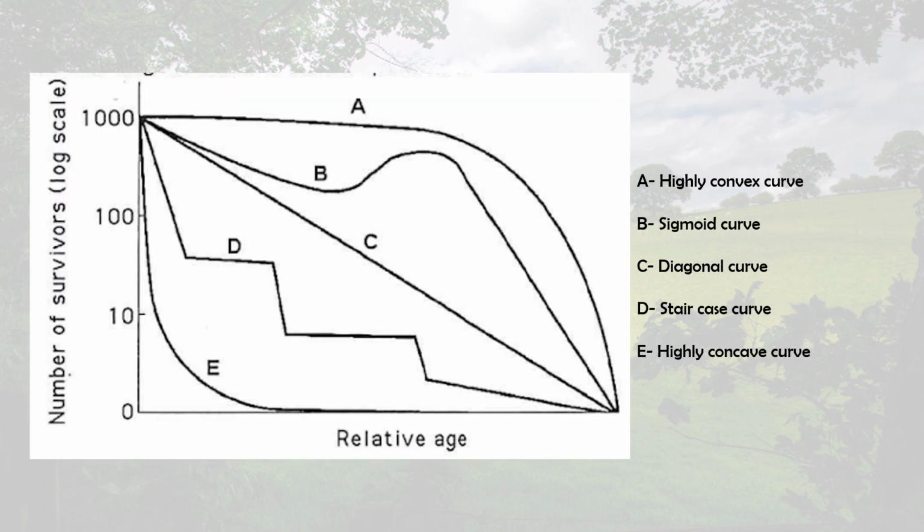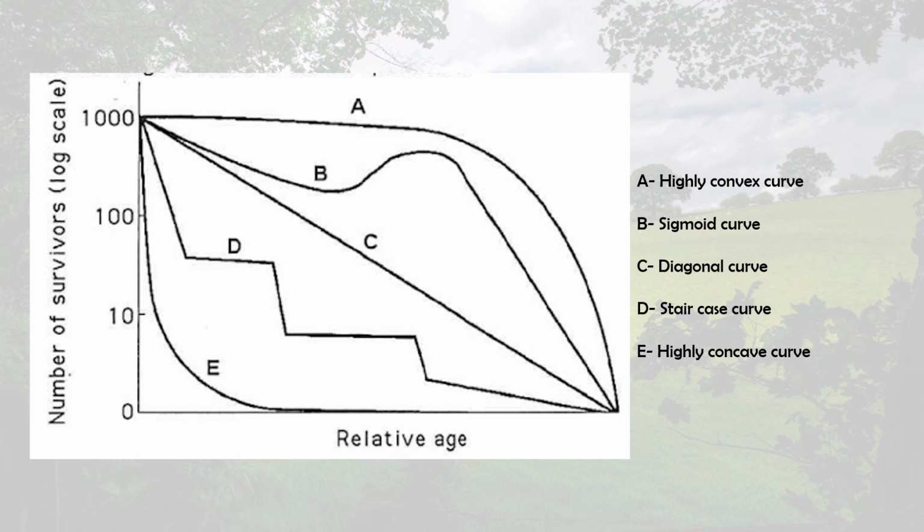So this is the graph that I was talking about. The first one, that is curve A, is the highly convex curve that is found in man. Here the mortality rate is low.